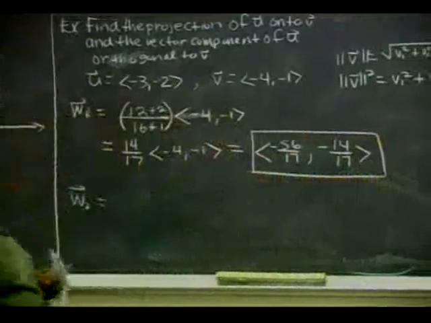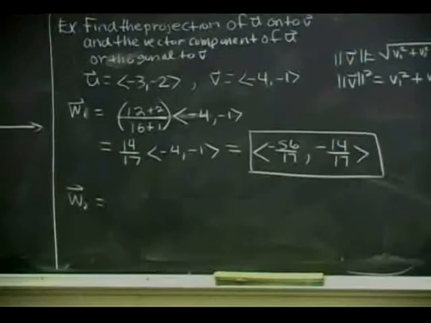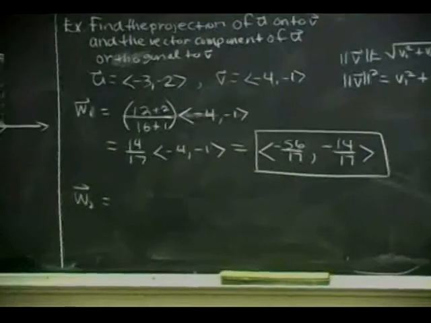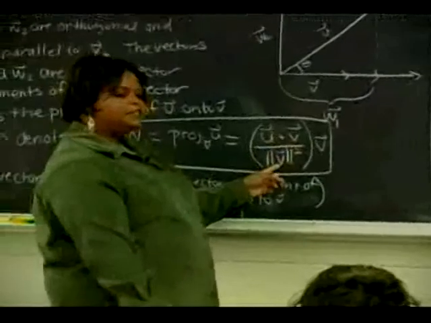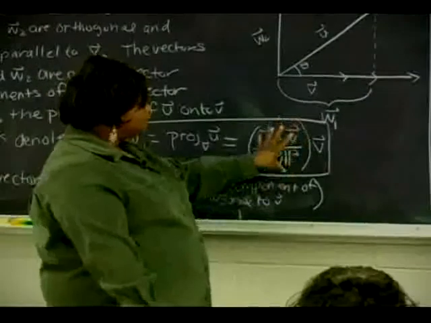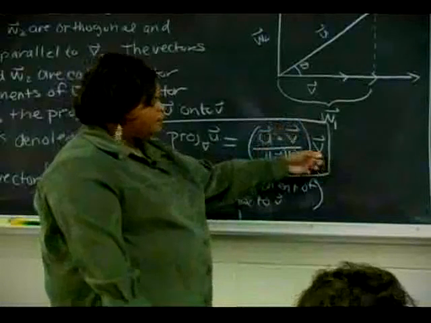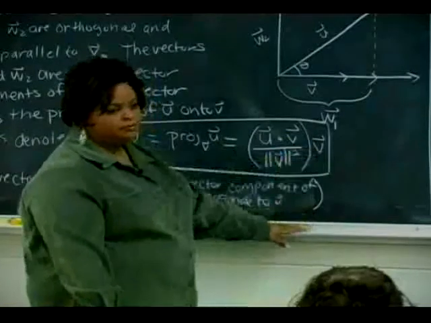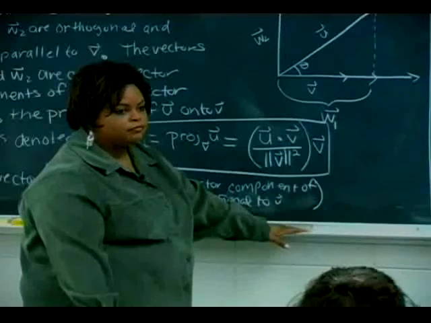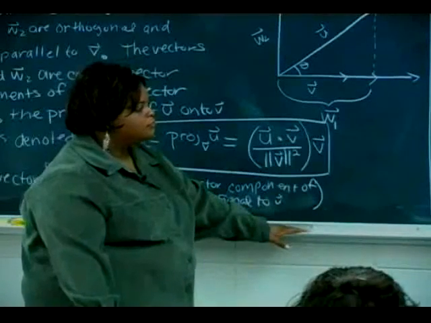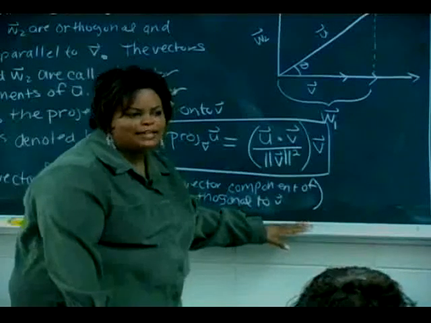That's my W1. W1 is U dot V over the length of V squared. All that's a constant, and I multiply by the vector V. Any questions about W1?